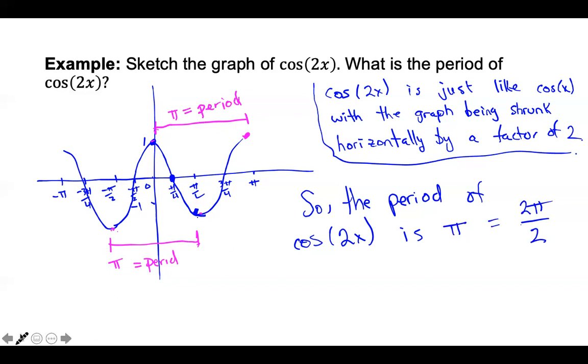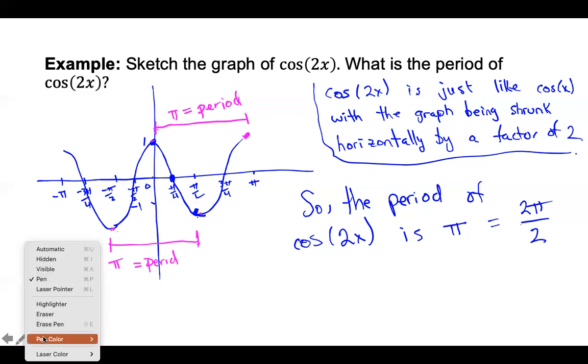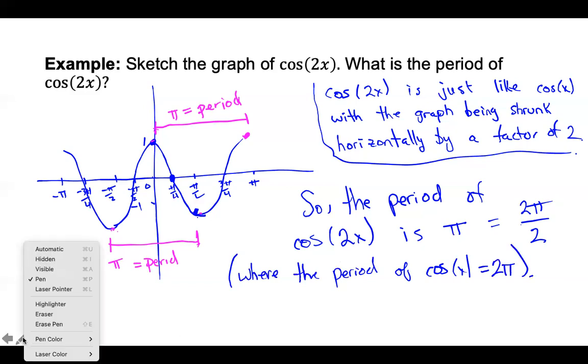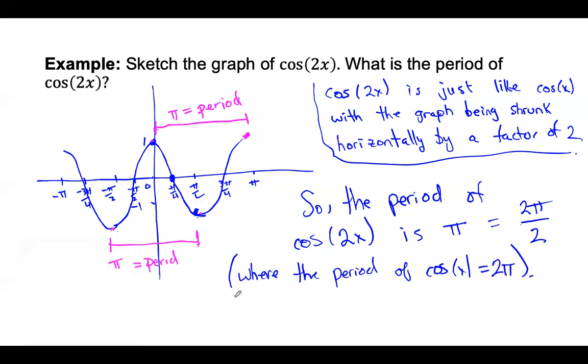I'll just make a few more notes here. The period of cos of x was equal to 2 pi. So in general, we noticed something that just happened.